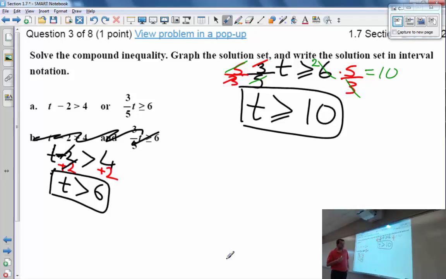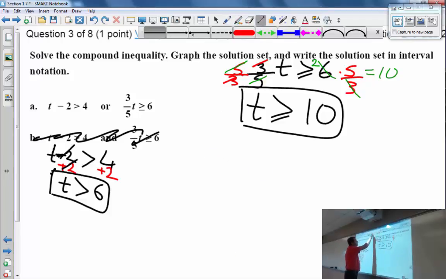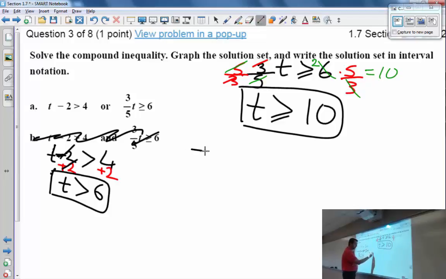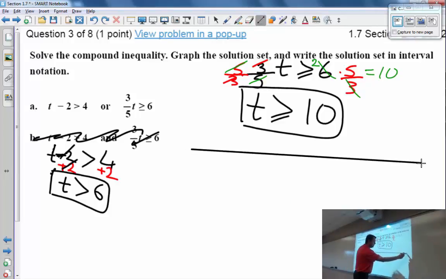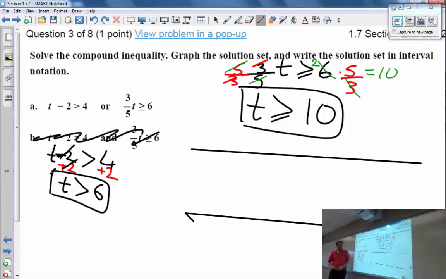So what I do is graph both of them. I will graph this one on the top, and this bottom one is for the other. Make sure you align them on the same part of the paper, right underneath, because we are going to compare them. Let's first graph this.